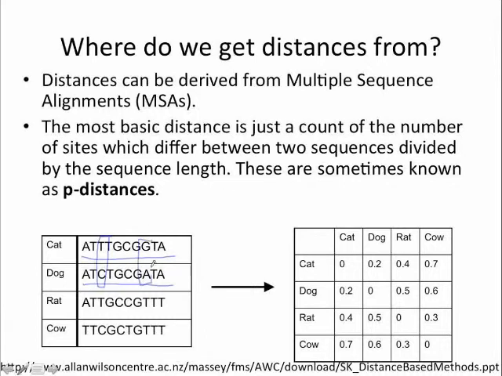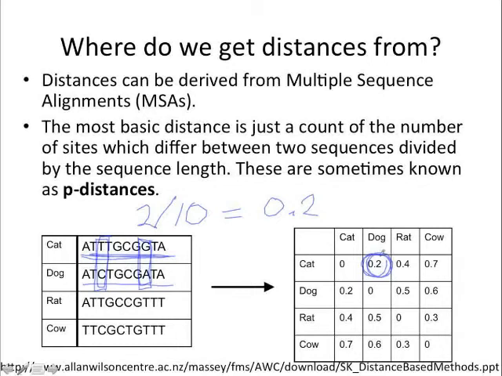So here, if we take a look at one gene that's common between the cat, dog, rat, and cow, we can see that between the cat and the dog, the sequences are the same, except for this T changed to a C and this G changed to an A. And so we had 2 mutations within this 10. So we've got 10 bases right here, 2 mutations within 10. So we've got 0.2, and so we say the distance here is 0.2. So if we compare the cat and the dog, it's 0.2.